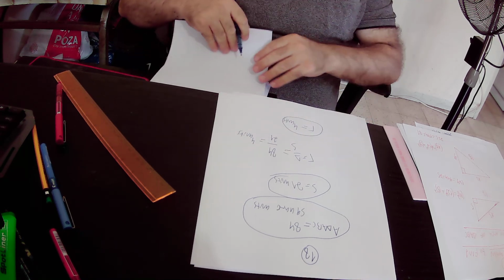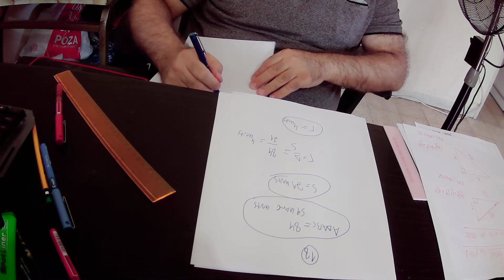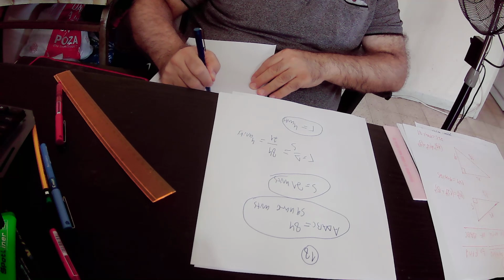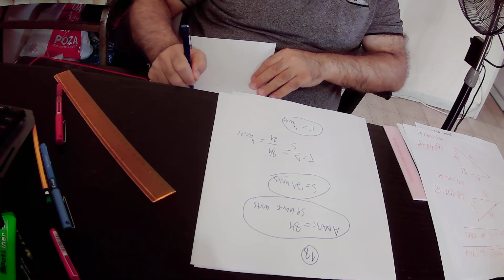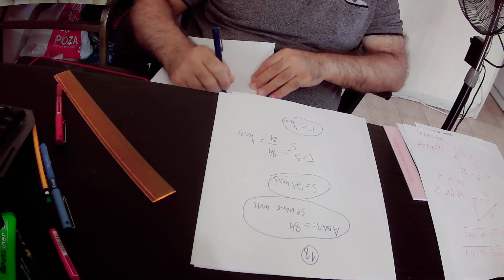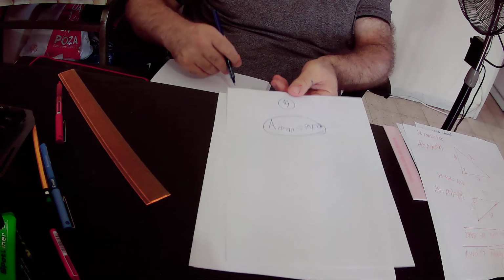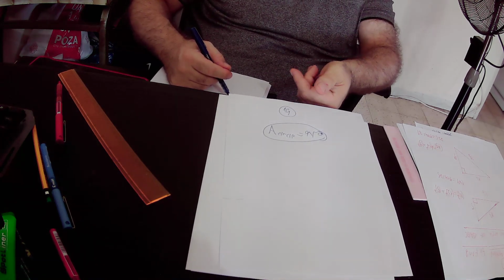And we know that the area of any circle equals pi times r squared, where r is the radius of the circle. We have the formula for the area of the circle.